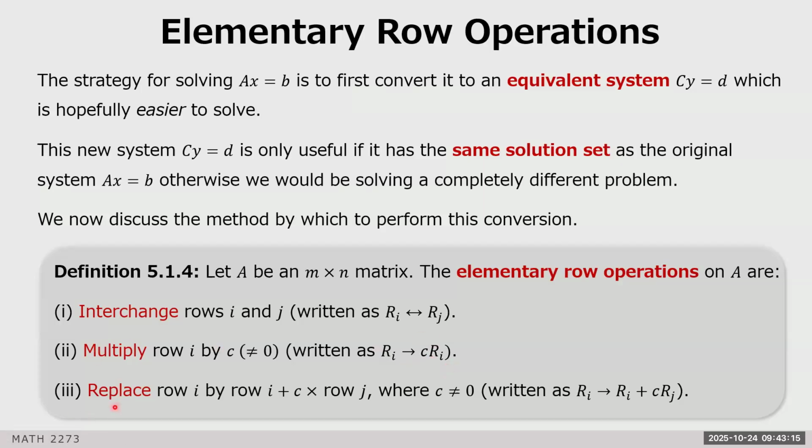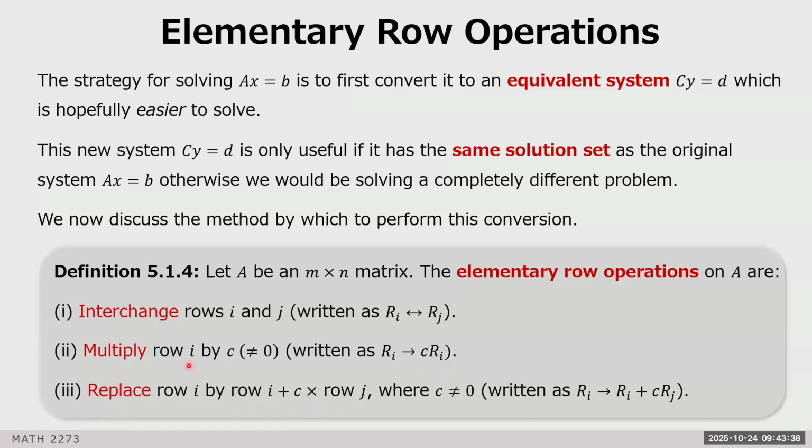And the last one, vanilla. This one is maybe the least vanilla of these three. We could replace any row by that row plus some constant times another row. But this multiple can be 0.